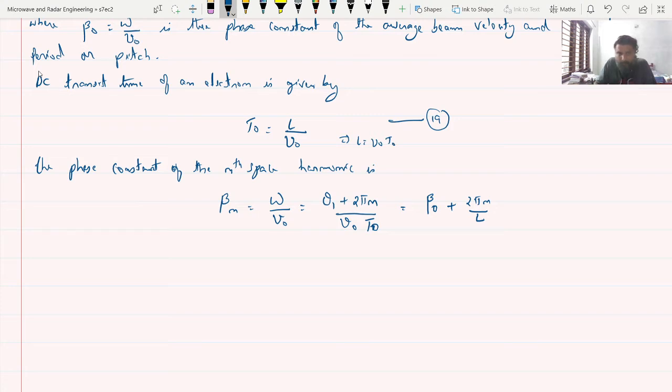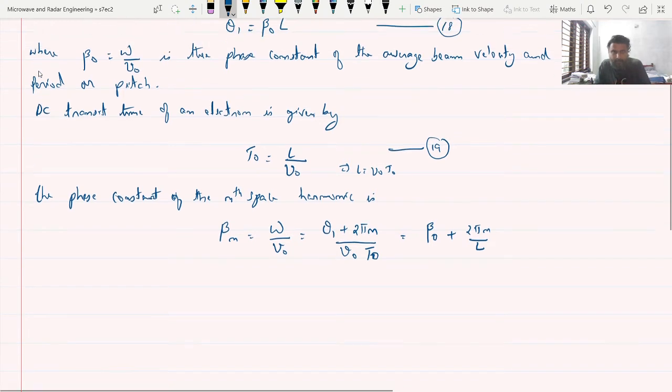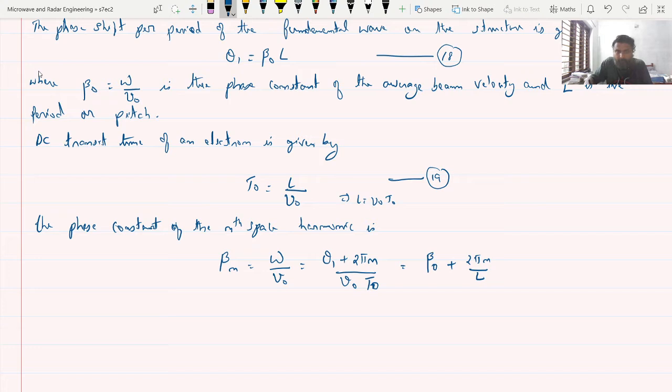So theta 1 by L becomes equal to beta naught. This equation changes to theta 1 by v naught t naught plus 2 pi n by v naught t naught.